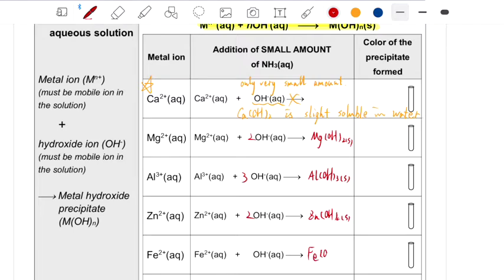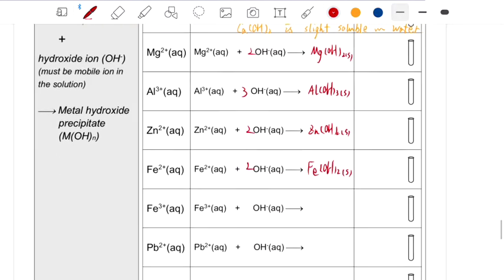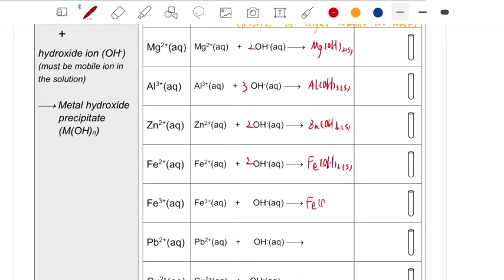Iron 2 hydroxide as a precipitate. Iron 3 hydroxide as a precipitate. Lead 2 hydroxide as a precipitate. And finally, copper 2 hydroxide as a precipitate.